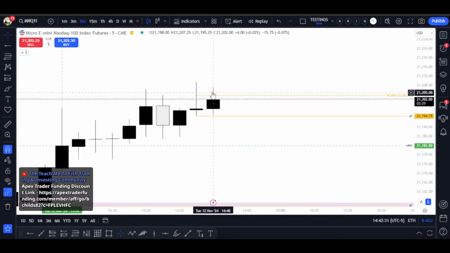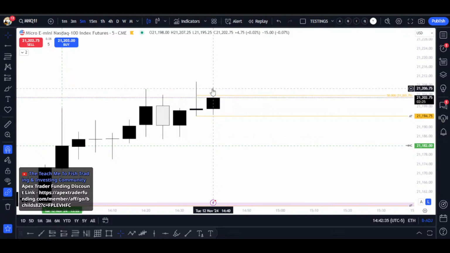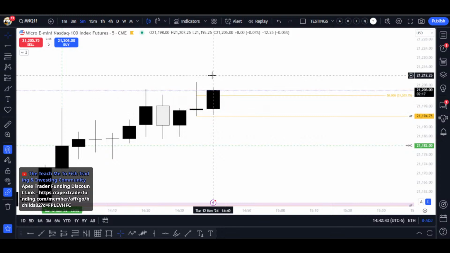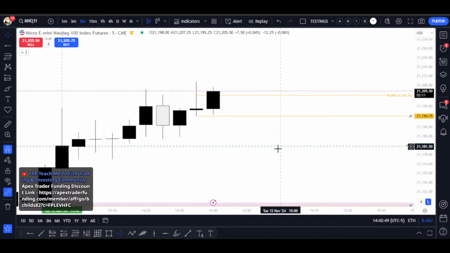But again, if you're looking for lower prices, you don't want to see it close above. If you're looking for higher prices, you want to see it close above. I'm looking for lower prices, so I'm just waiting on signatures in price to tell me that the algo is going to head lower, which could possibly give me an entry below 21,182 flat.